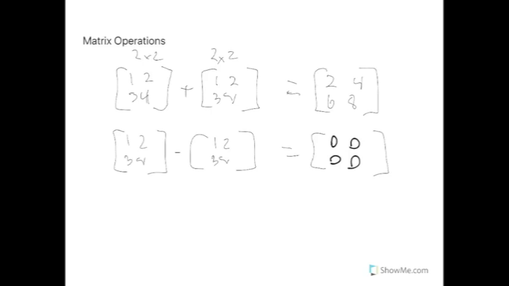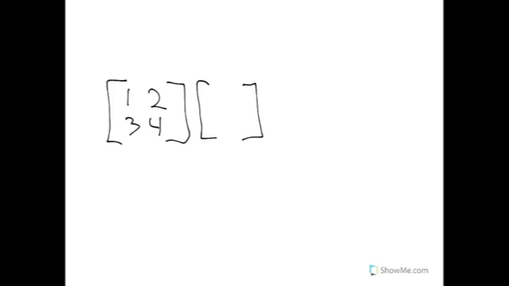However, let's take this one step further and let's talk about multiplication. So what if I had a matrix, that same matrix we were just looking at, and it had the element values 1, 2, 3, 4, and I'm going to multiply it by some other matrix. What does that equal? And how do you perform that operation? So with multiplication, as you might imagine, it's going to work a little bit different than it is with addition.